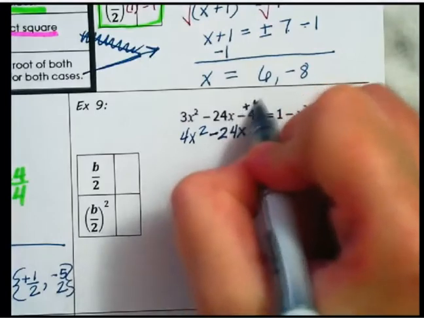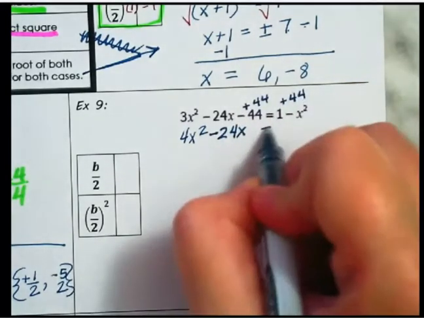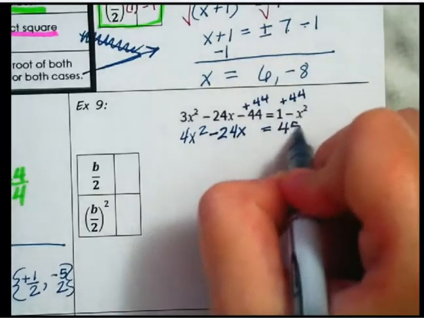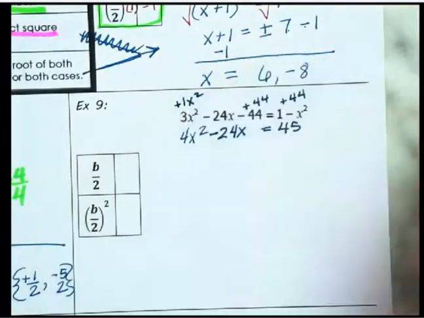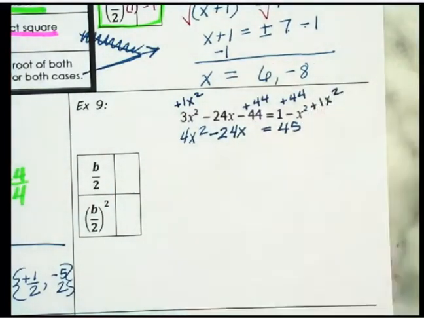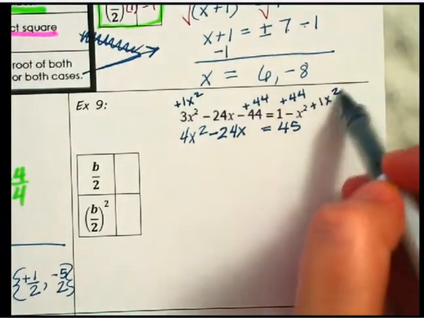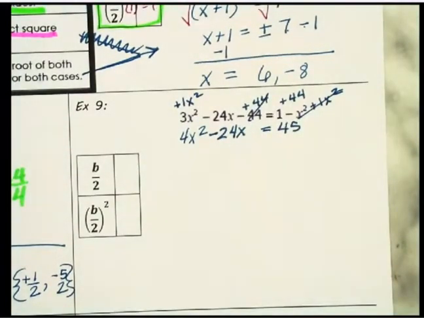And then let's add this 44 to the 1 to get 45. Okay? So I added 1x squared to both sides. And I added 44 to both sides. So on this side, this canceled. And on this side, this canceled. Okay. Now I'm ready to divide everything by 4.